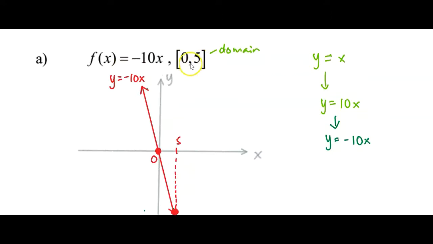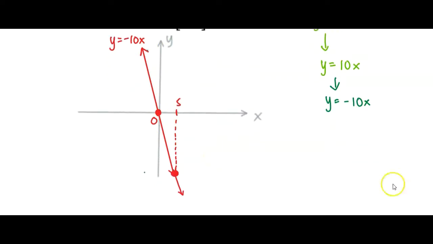Referring to the domain given, they just want to remain the graph from 0 to 5, in between 0 and 5. So the rest, we can just erase it off. I use a purple line to represent the graph that we want to remain, including the dent circle. And the rest of it, I will just erase off. This is the excess one.